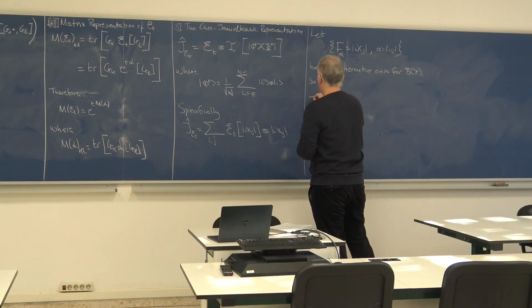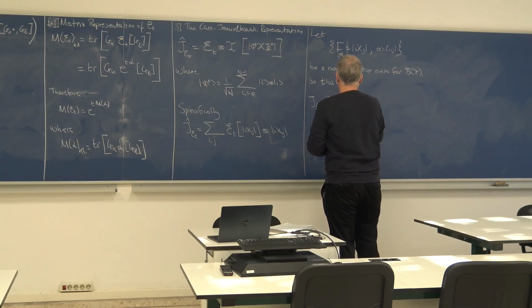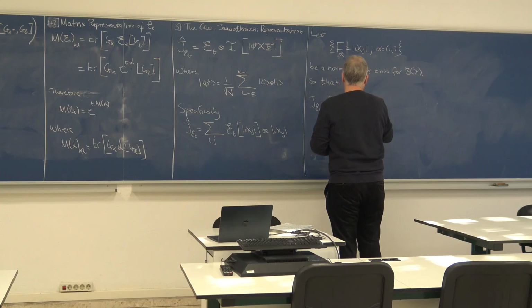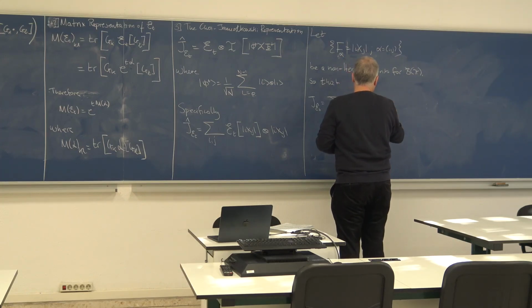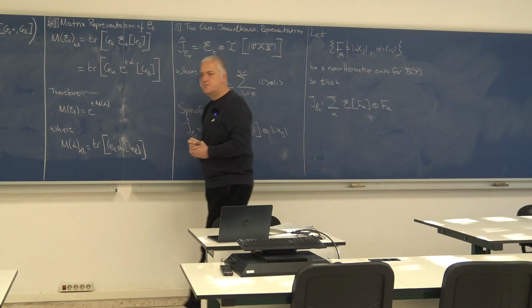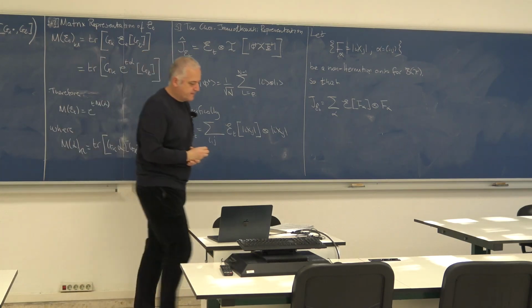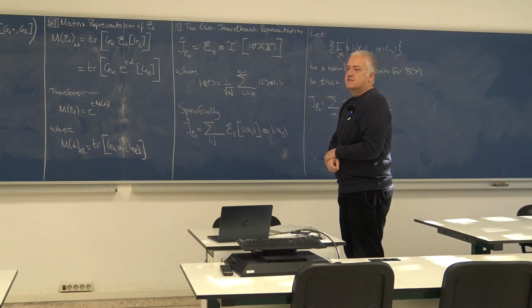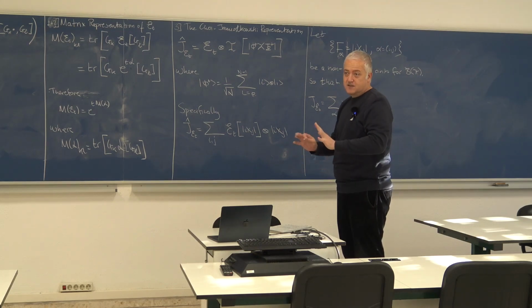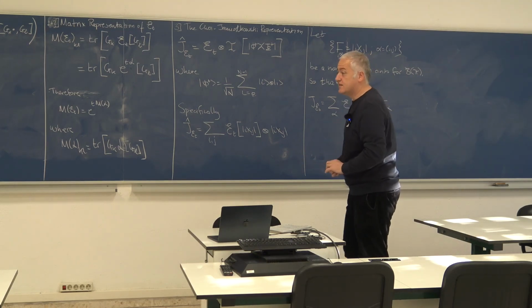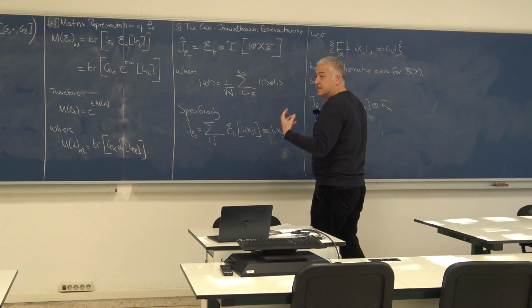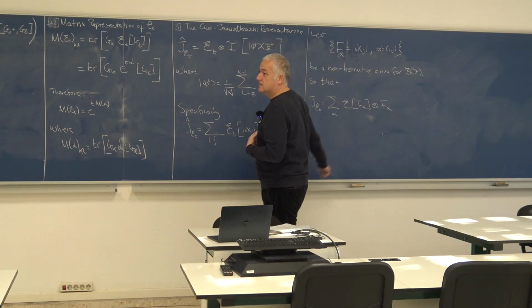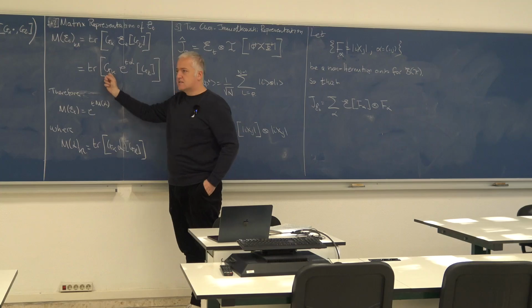So that we can write this more succinctly as the sum over alpha, E of f alpha, tensor f alpha, okay? The trick, really the only hard thing to do, is that I have the matrix representation of E, but I have it with respect to this basis.